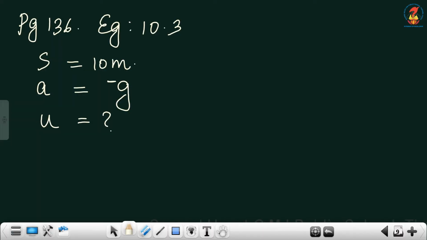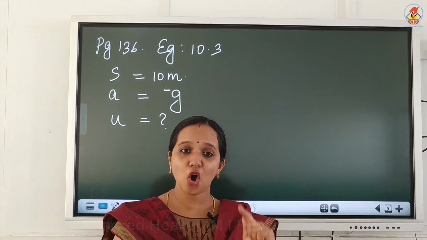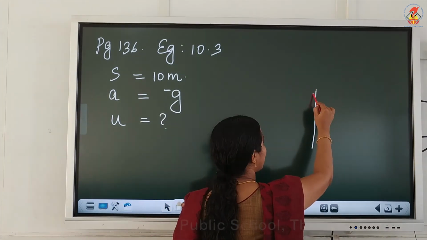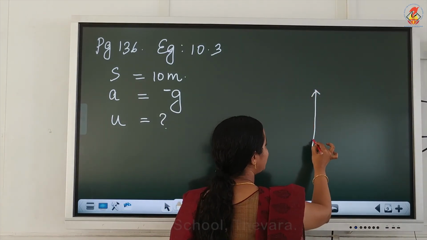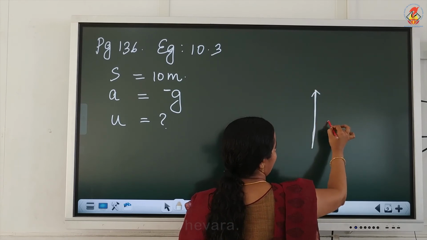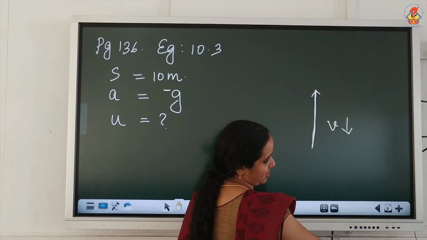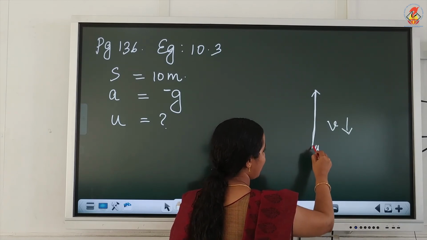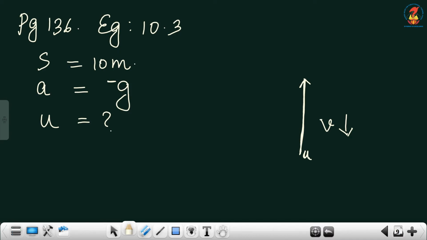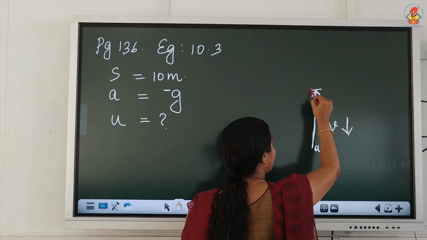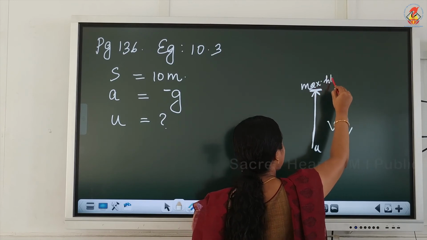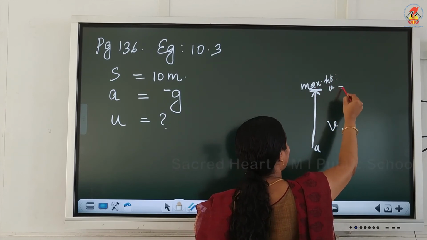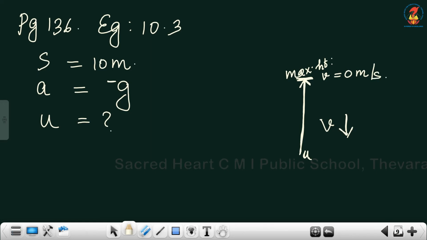Initially the object had a velocity u, and when it moved up, the velocity will decrease, and when the body reaches a maximum height, the velocity will become 0 meter per second.